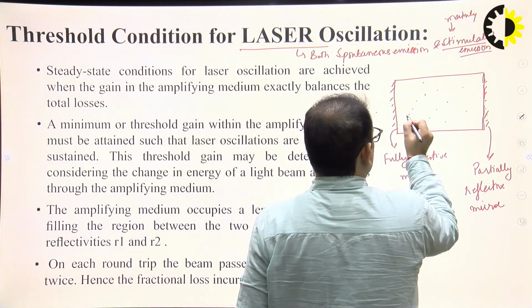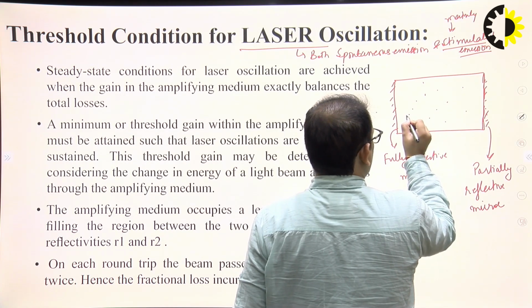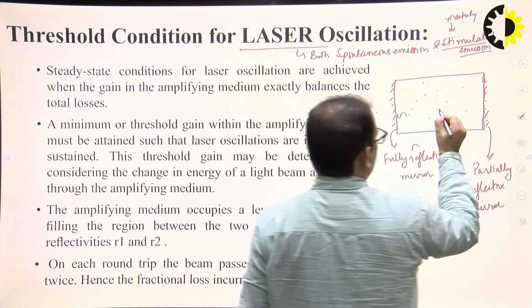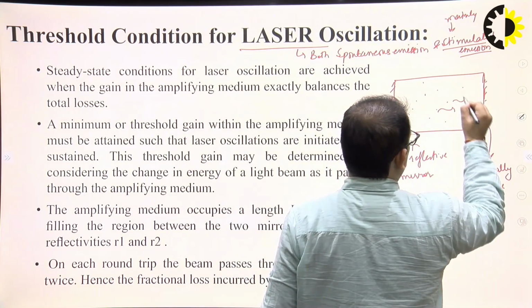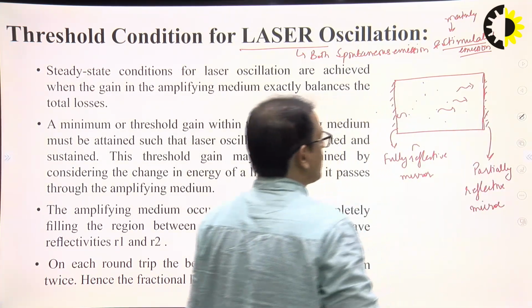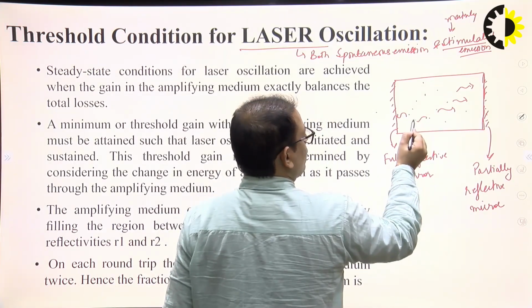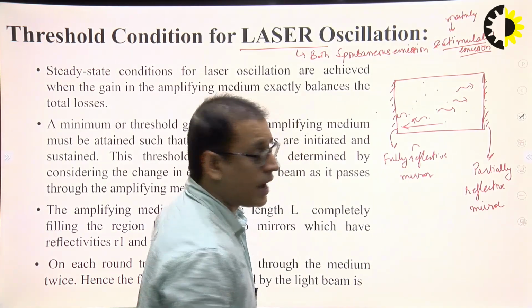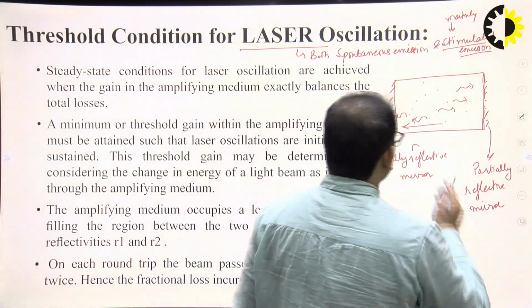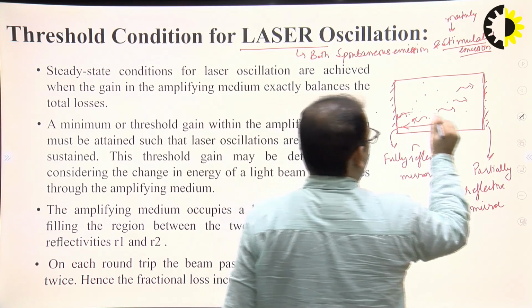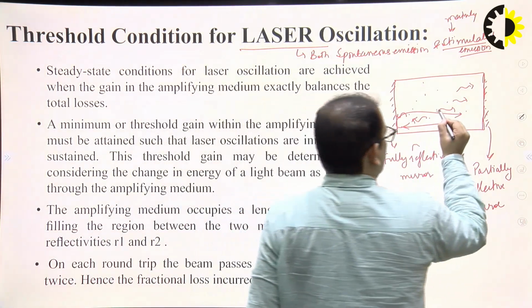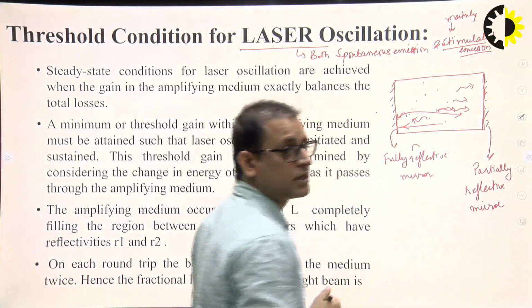Some photons will move towards the fully reflective mirror, and some towards the other mirror. Photons moving towards the fully reflective mirror will get reflected back, joining the photons already moving in this direction.